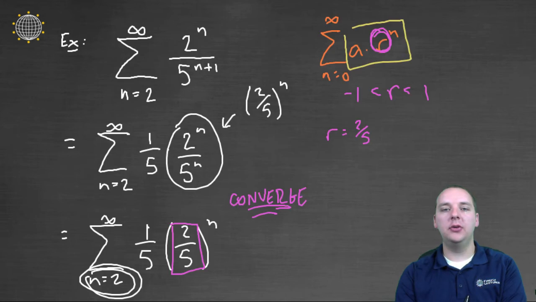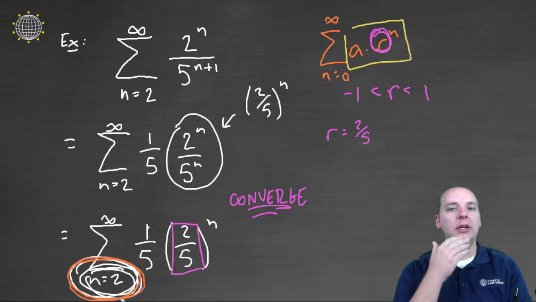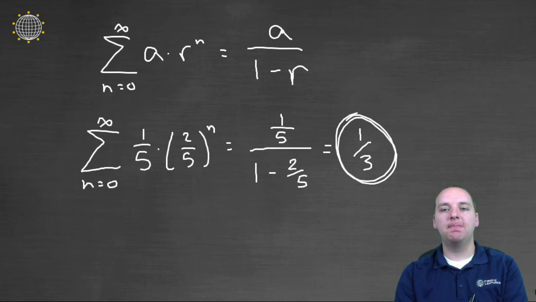Okay. So now this is the sum from 0 to infinity. And what I want to show you is how you handle it if the sum starts later down the road. Like in this case, ours starts at 2. So let's think about this for a minute. If I wrote this out long ways, what does it mean for this sum to be a third?